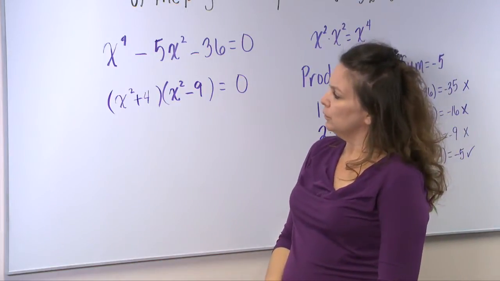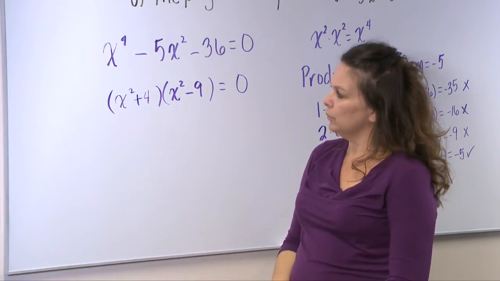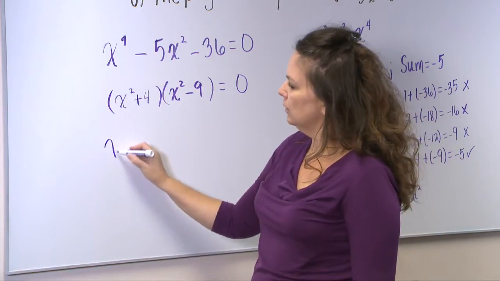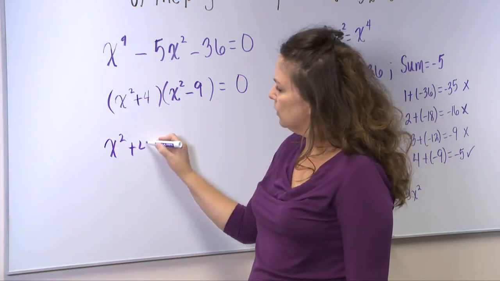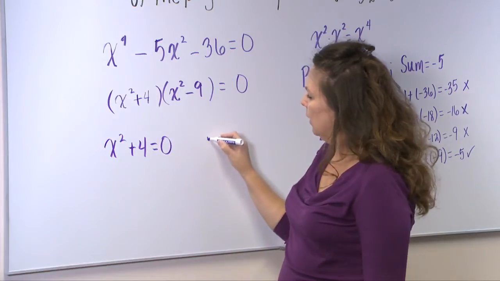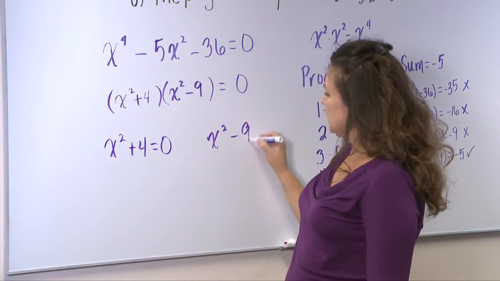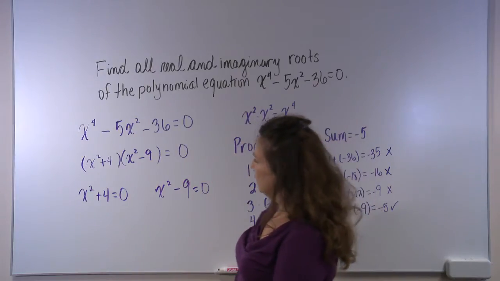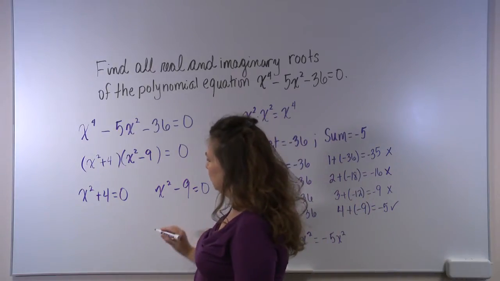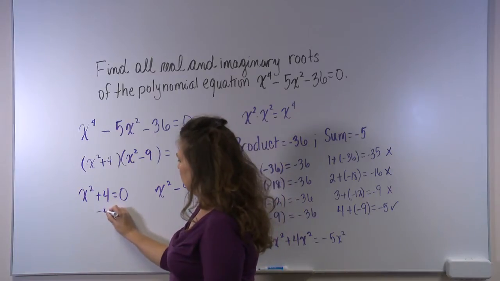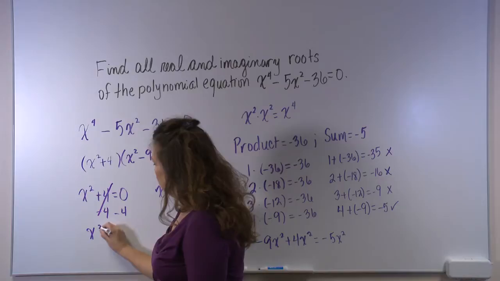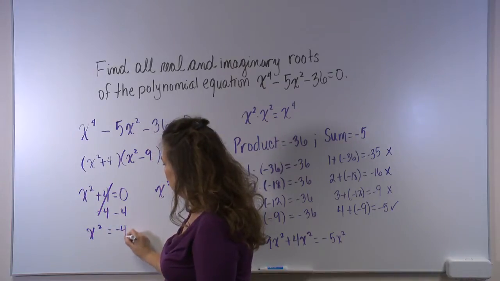So now what I want to do is use the zero product rule and set each of these factors equal to 0. So I have x squared plus 4 is equal to 0, and x squared minus 9 is equal to 0. And I'm going to solve each of these using the square root property. So here I'll subtract 4 from both sides, and I have x squared is equal to negative 4.